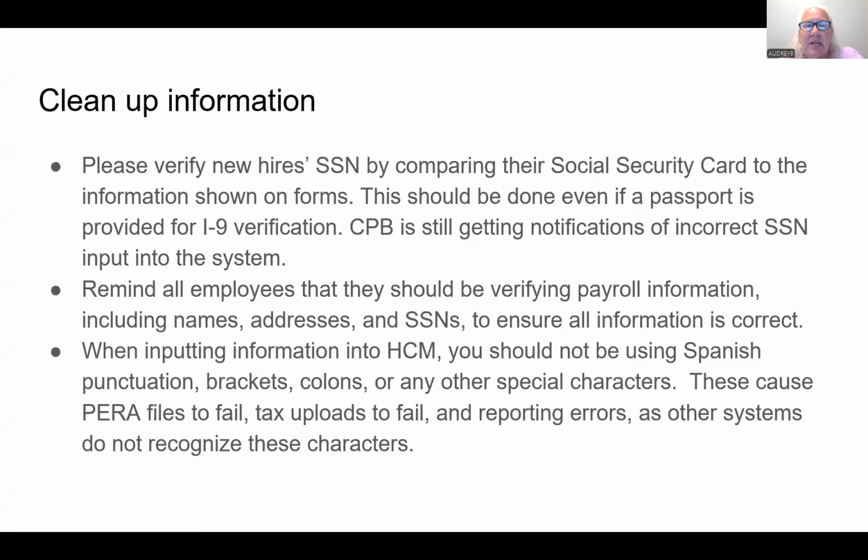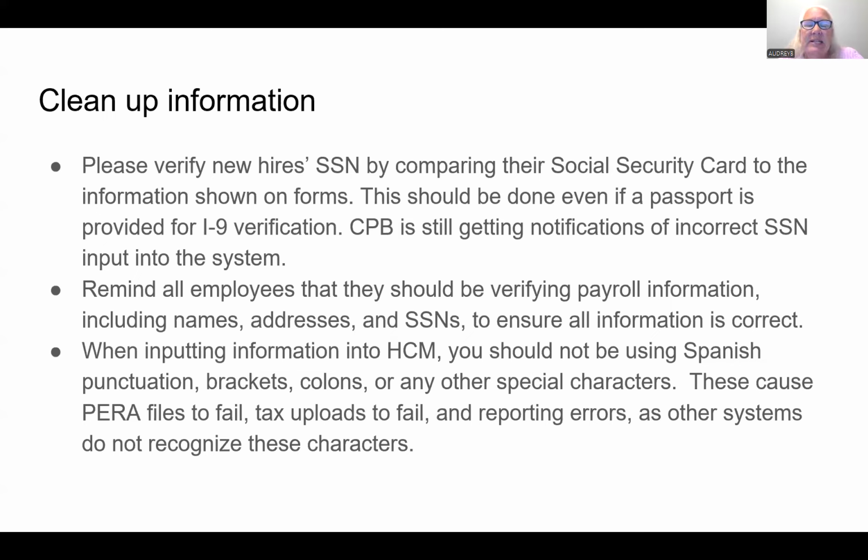And a lot of it is caused by inability to decipher the writing of employees on their forms, or an employee transposing, or just simply putting the wrong numbers there. Maybe they don't remember their social security number.